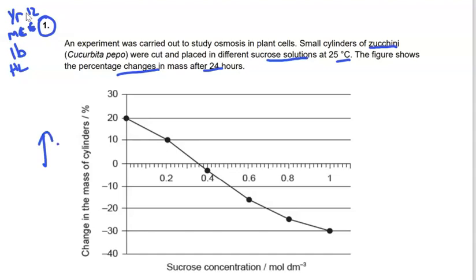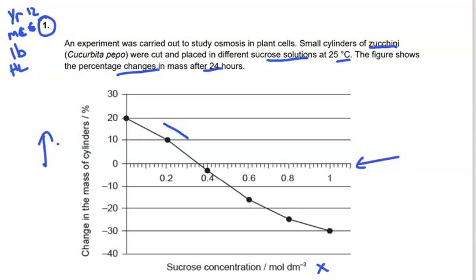Our x-axis is sucrose concentration in moles per cubic decimeter, and then the divisions in the scale. We can take a look at that in a moment because one of the questions will be related to that.